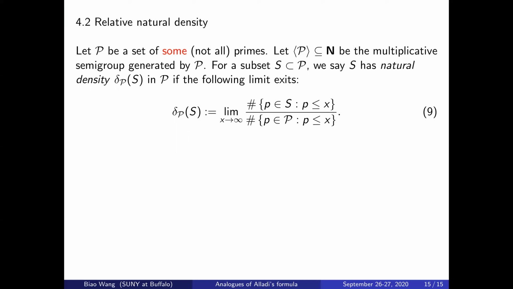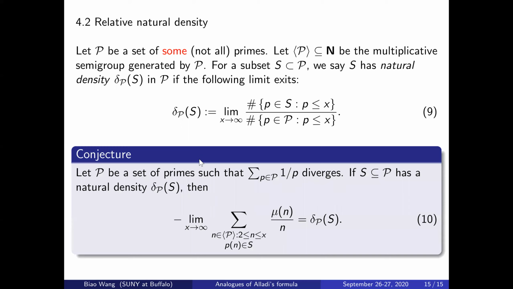Finally, we can also generalize the natural density to relative natural density. Here, capital P is a set of some primes, so not all primes, and the angle bracket of P is the multiplicative semigroup generated by P, and for a subset S of the semigroup, we can also define the natural density delta of S in P as follows.